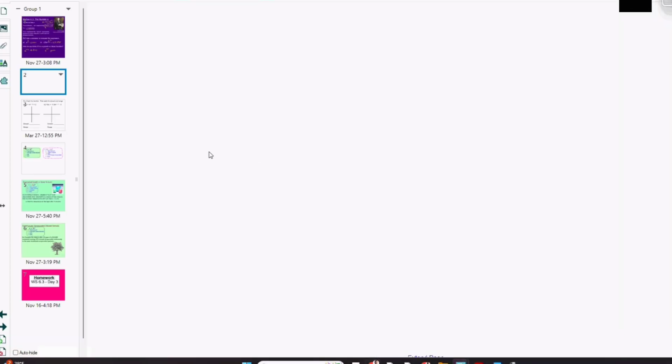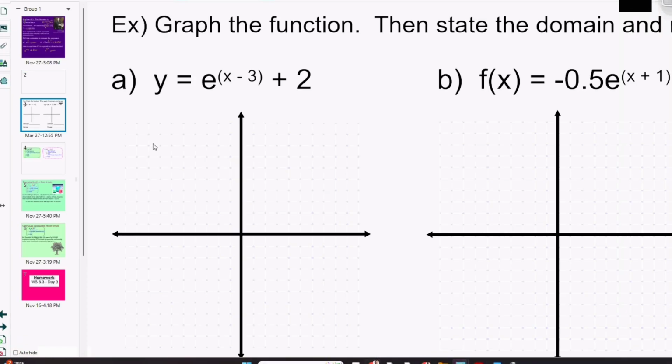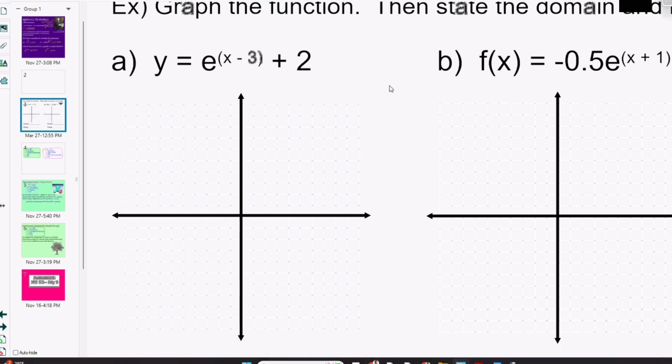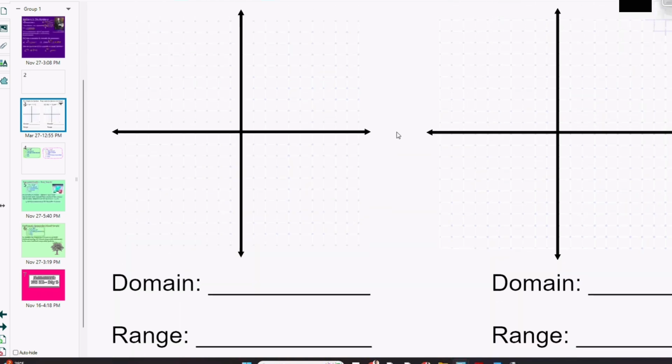Okay, so with all that said, I'm going to go back to my notes, and we're going to graph some of these right here, and then we'll maybe even get to some story problems at the end. This says to graph the function and then state the domain and range, which are listed at the bottom. Just like before, I can already say what the domain is on each. The domain is going to be from negative infinity to positive infinity.